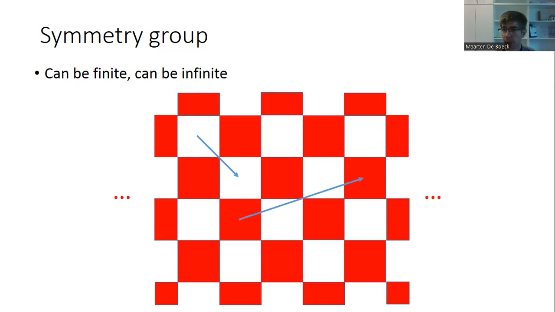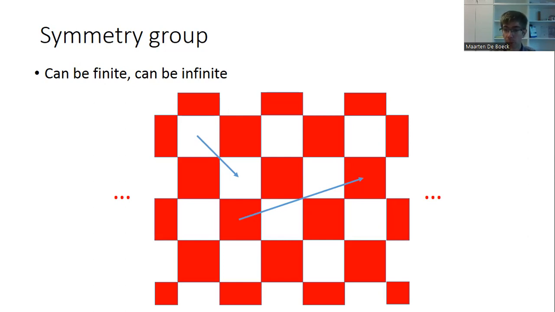Also every white to a white, every red to a red, something you don't notice, a symmetry of the object. So indeed, this symmetric group will be infinite because there is an infinite number of these kinds of translations that I can do to this checkerboard. So symmetry groups can be finite, can be infinite.